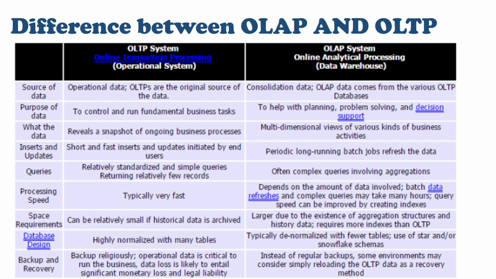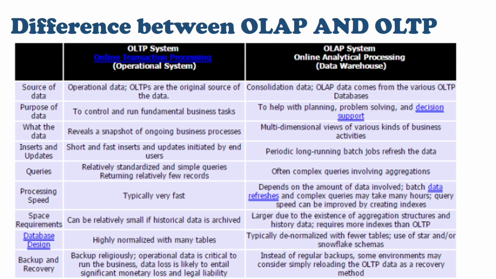With respect to space requirements, OLTP can be relatively small if historical data is archived, whereas OLAP is larger due to the existence of aggregation structures, and historic data requires more indexes than OLTP. With respect to database design, OLTP is highly normalized with many tables, whereas OLAP is typically denormalized with fewer tables, using star and/or snowflake schemas.